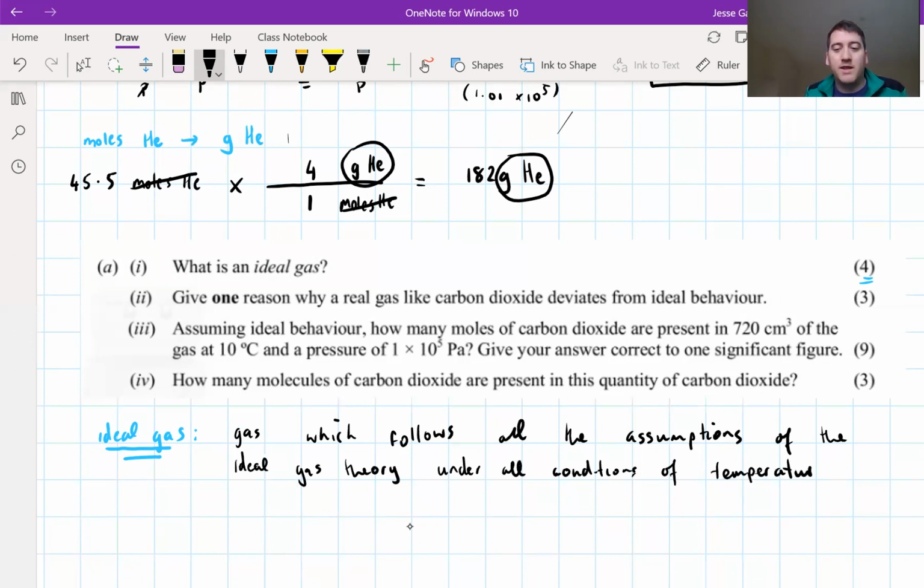So that is, an ideal gas is one that follows all the assumptions. So remember, we learned 5 assumptions of the ideal gas theory, and it has to follow all of them for all conditions of temperature and pressure.